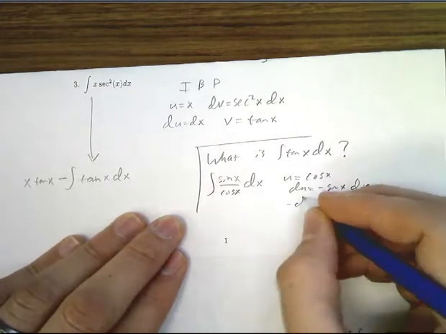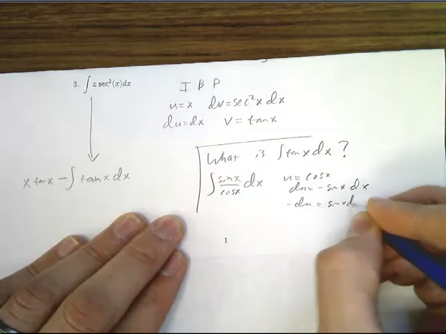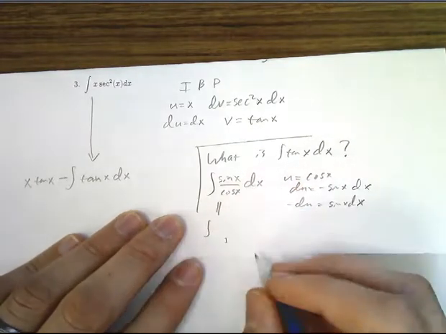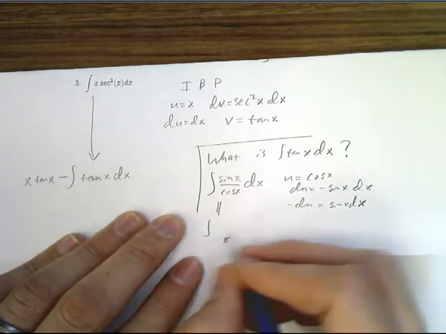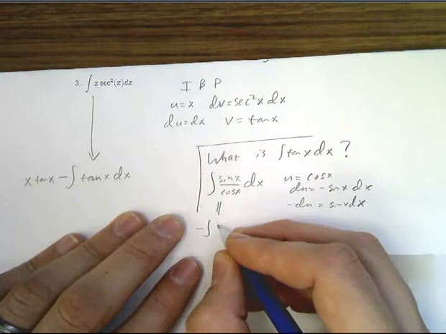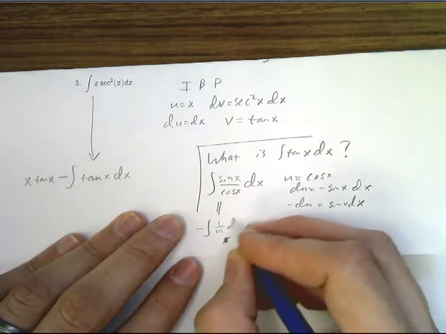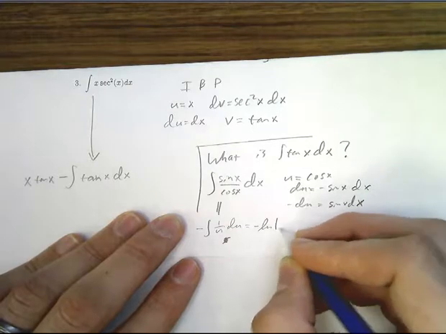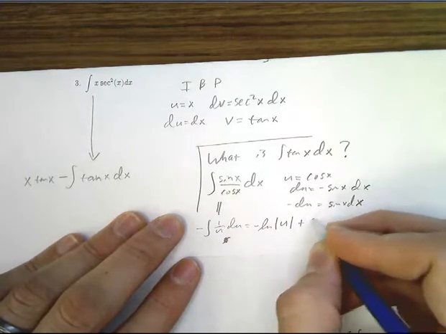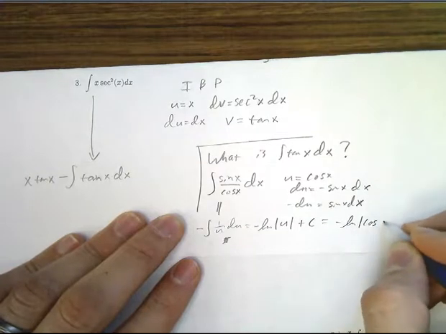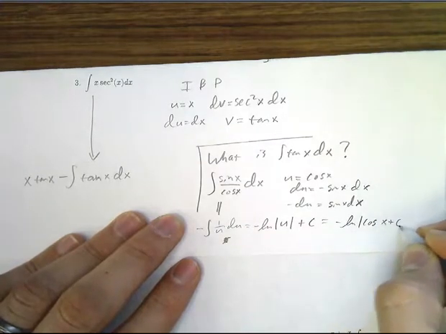This becomes the integral of minus 1 over u du, which is minus natural log of the absolute value of u plus c.